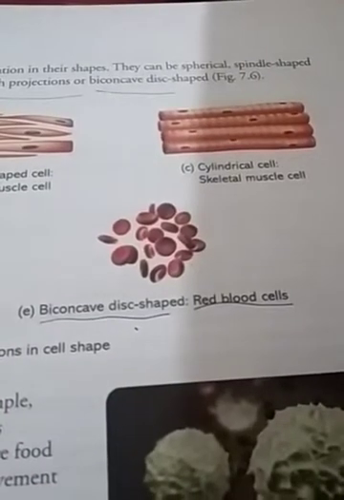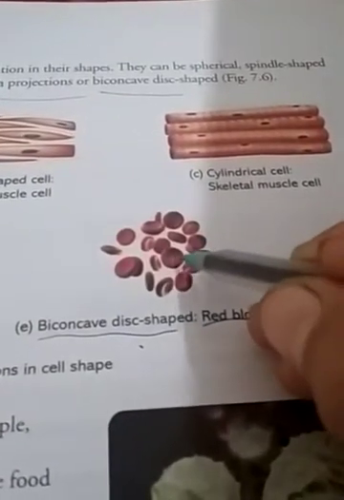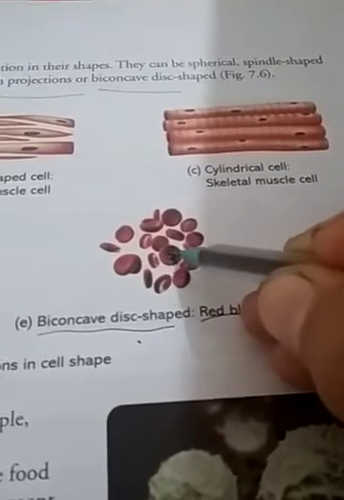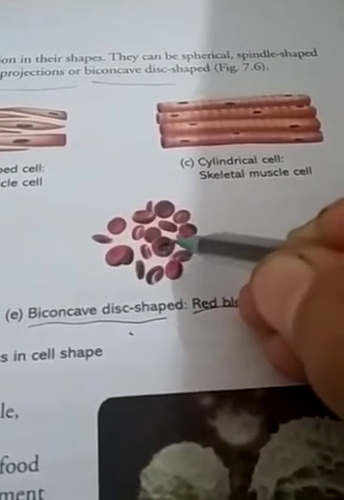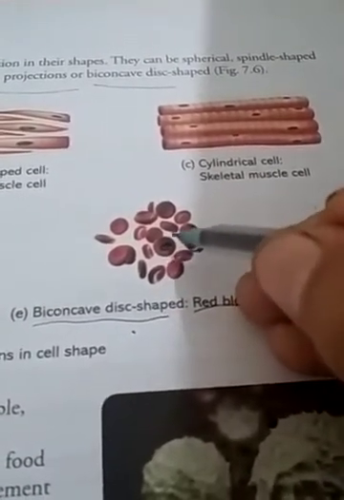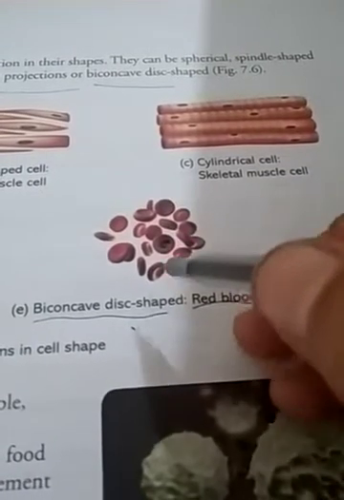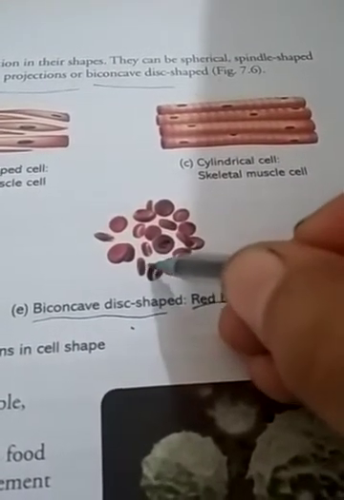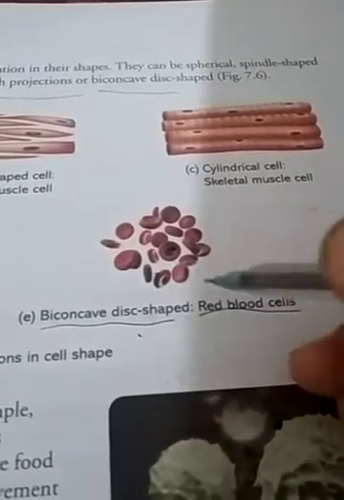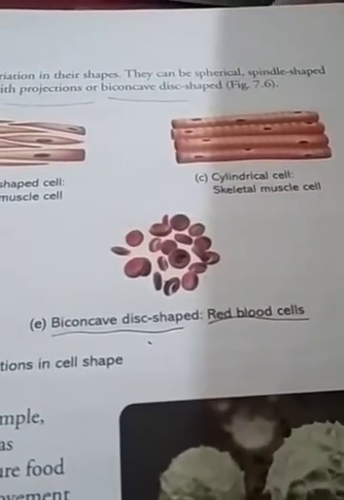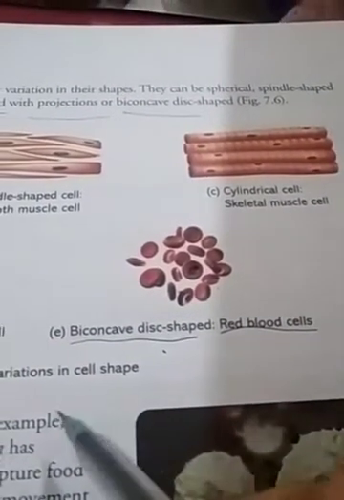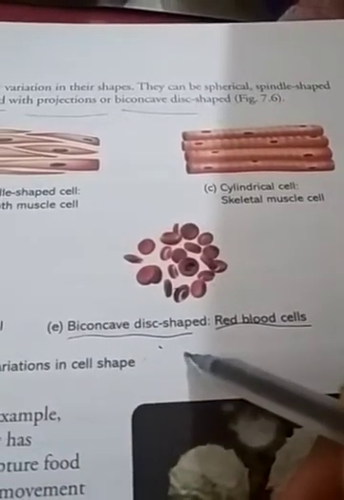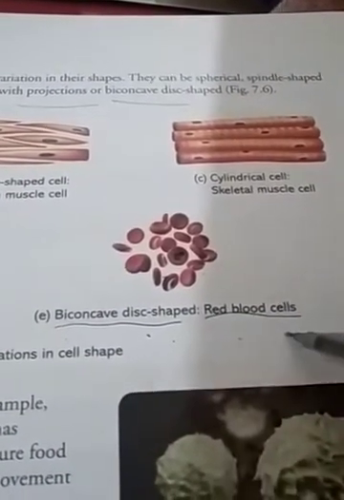Just like you observe this part having some cavity here, the same cavity we find at the back part also. So both sides have a cavity, so we can say it is a biconcave disc shape. These are red blood cells.